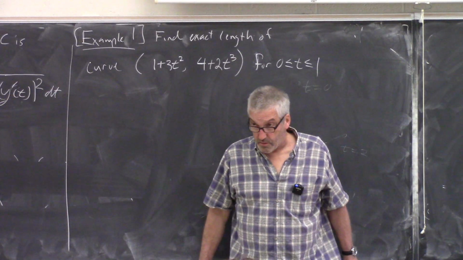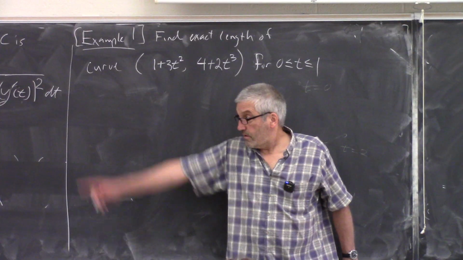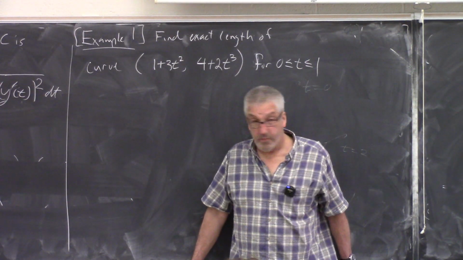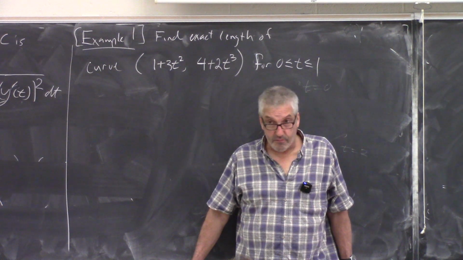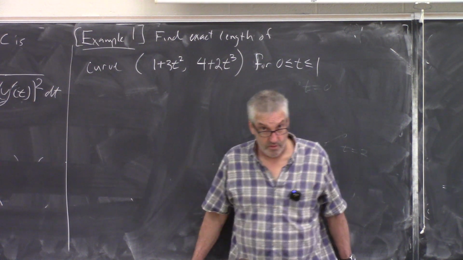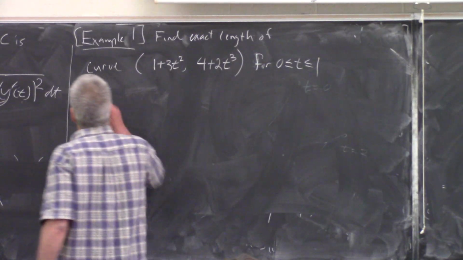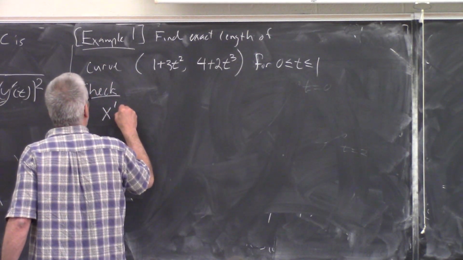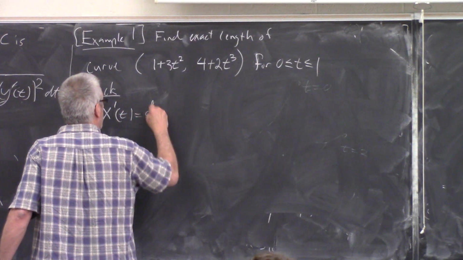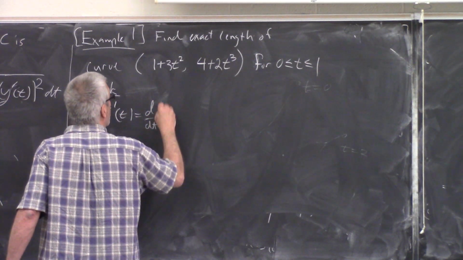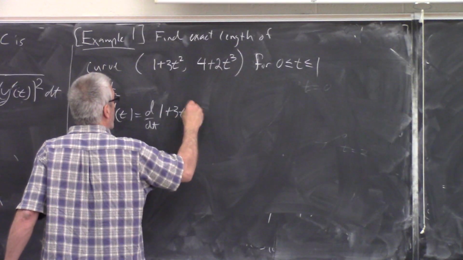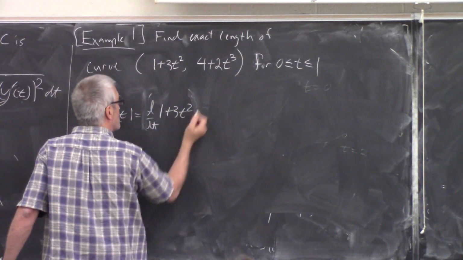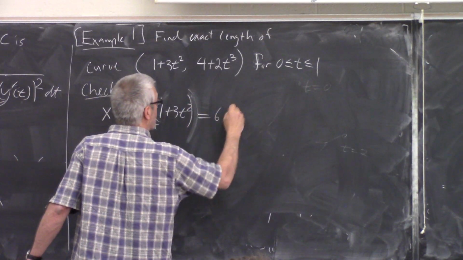All right, so we would like to use that horrible formula. But look, we've got a whole bunch of ifs. First of all, do the derivatives exist? So x prime of t, that's going to be d dt of 1 plus 3t squared, and so that's 6t.